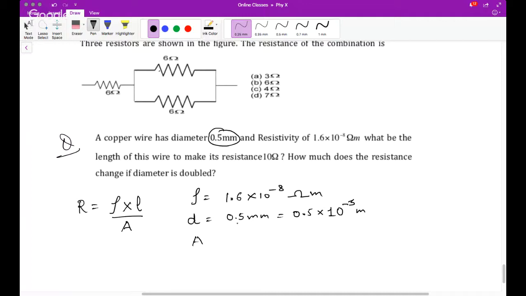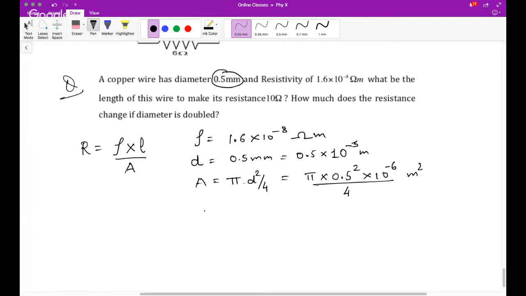So A will be equal to pi r square or pi d square by 4, which is pi into 0.5 square into 10 to the power minus 6 upon 4 meter square. You have to find out L when R equals 10 ohms, right?